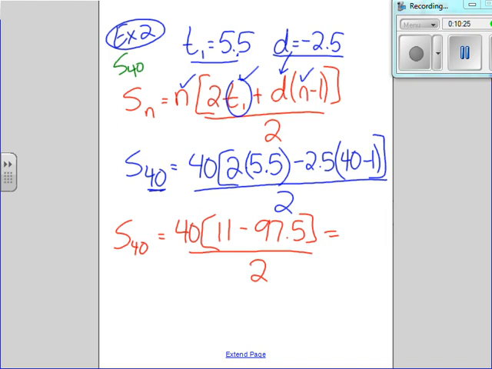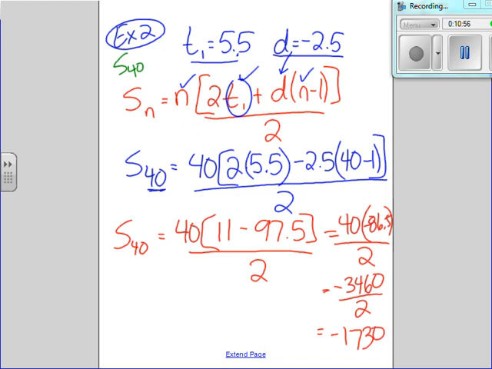Okay, so then I do the next part, which is to actually do the subtraction in the bracket, and that ends up being negative 86.5 all over 2. Then I've got 40 times negative 86.5, so that ends up being negative 3460 over 2. And then I'm going to divide that, and I'm going to end up with negative 1730, which means if I sum up the first 40 terms of this arithmetic series, I'm going to end up equaling negative 1,730.